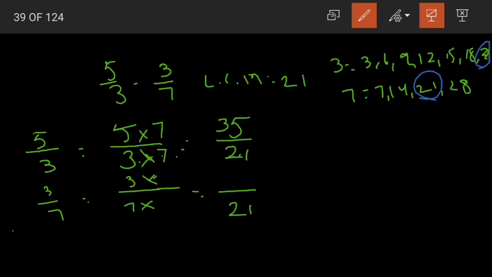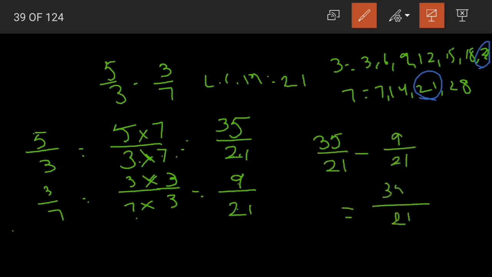Now coming to 3 by 7. Now 7 into 3 is equal to 21. So 3 into 3. 3 3s are 9 and 7 3s are 21. Now the next step is subtracting. 35 by 21 minus 9 by 21. Subtract the numerators, that is 35 minus 9.